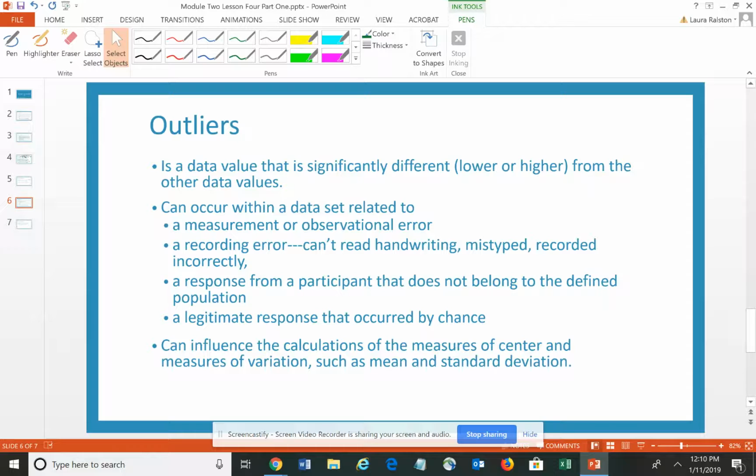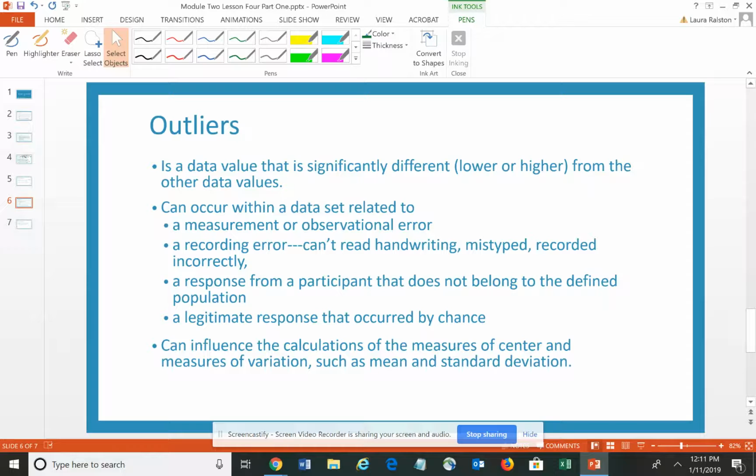I always think about almost like a cow standing out in the middle of the field. It's outlying in the field. It's out there all by itself, and there's no other cows or other animals around it. So an outlier is just one of those values that's really out there, if you want to think about it that way. And they can occur within a data set.